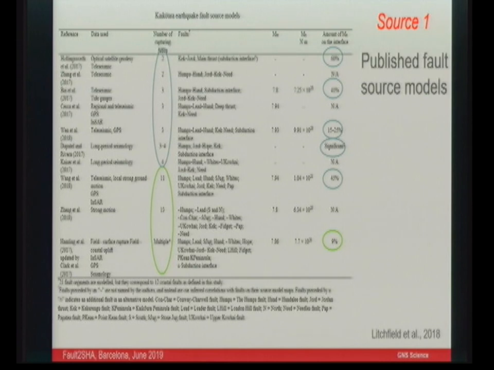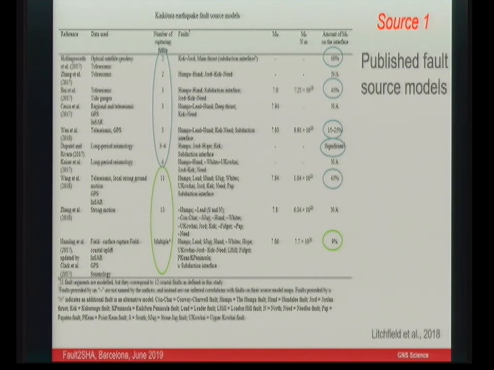It was quite a lot more thoughtful in terms of how to assign the obliquity or the thrust component in the teleseismic. Ian Hamling's work, later on in 2017, had included some of the field observations of active faulting and also the coastal uplift in its solution.